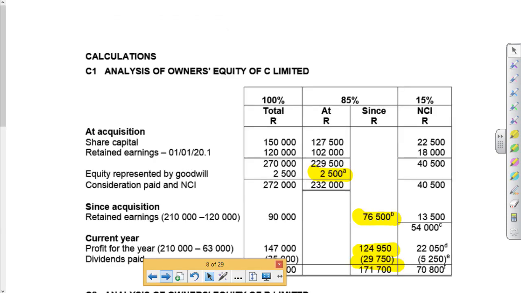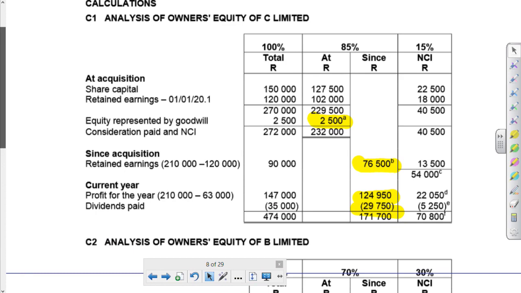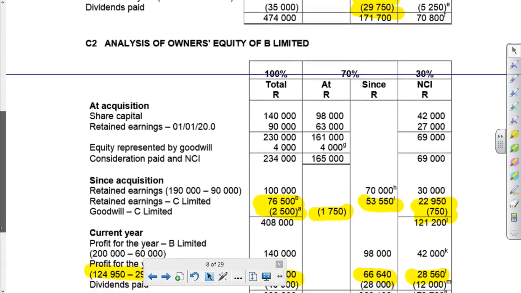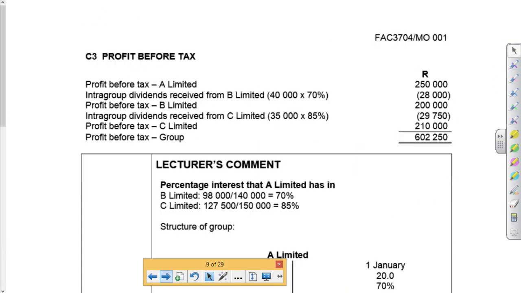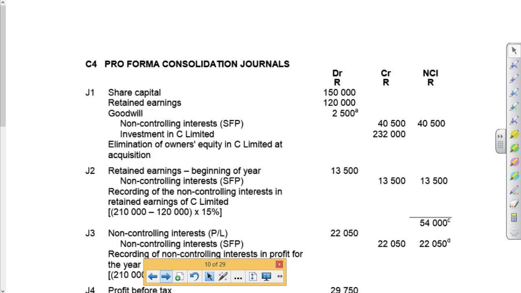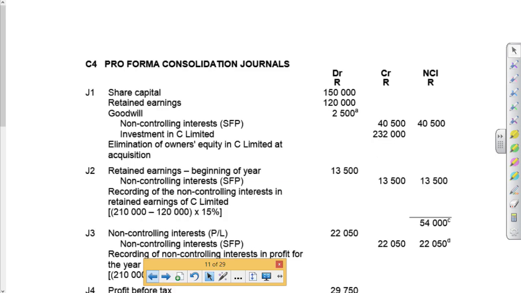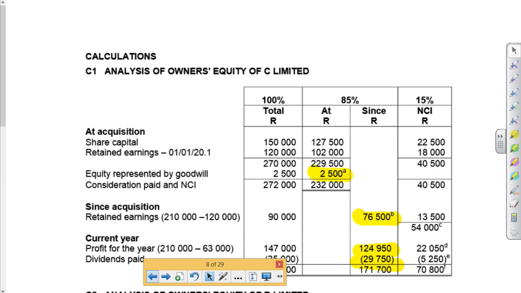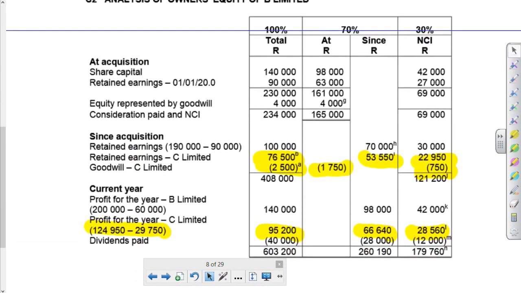But on the analysis, I'm going to show you the breakdown. When they do the analysis, they always work upwards. I don't recommend that you use an analysis to do the calculation. But I'm going to show it to you anyway so that you can interpret an analysis if you see it.